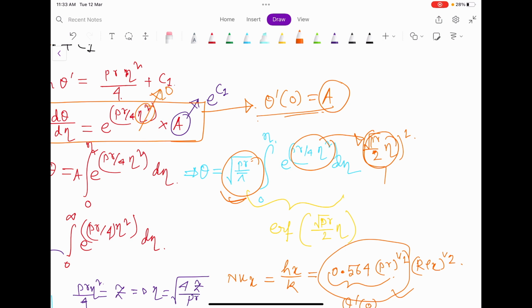I have also said that for this similarity solution, I did the same thing for the momentum. You should at least remember what a similarity solution is. In any interview, if you are asked what a similarity solution is, you should convey your understanding.